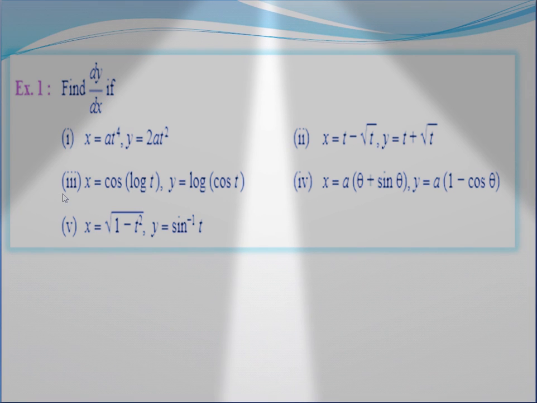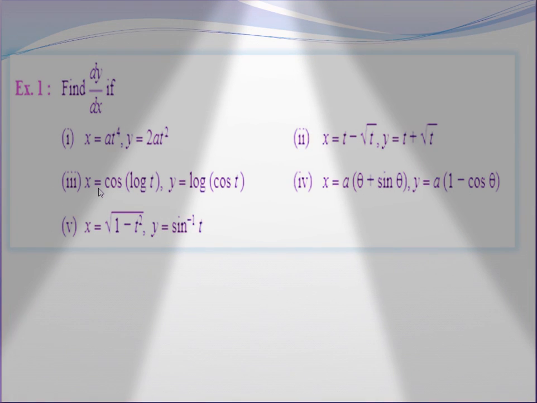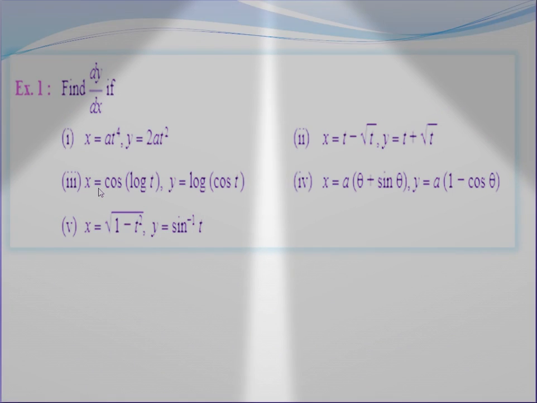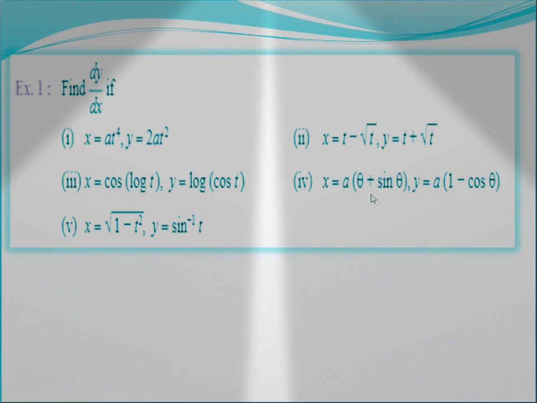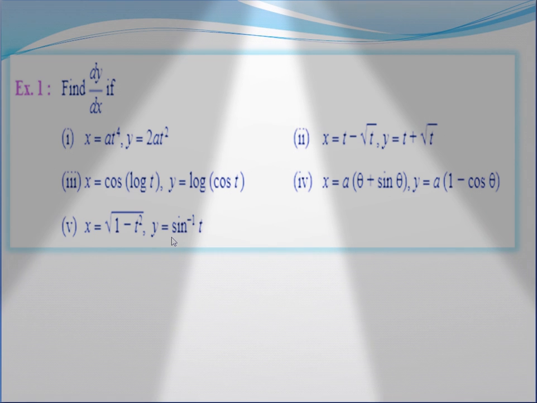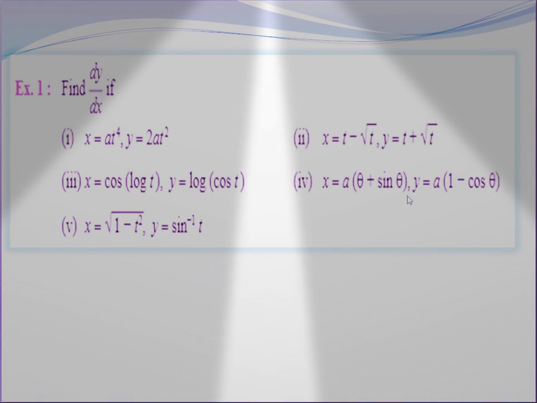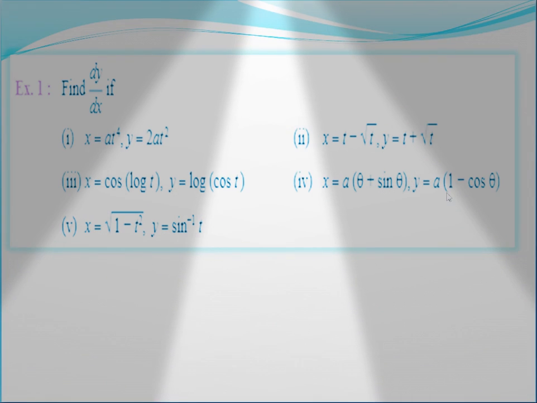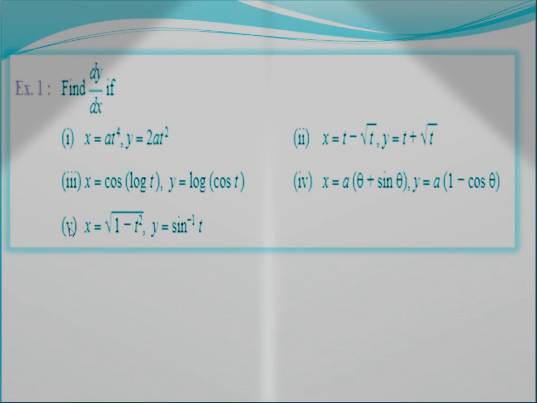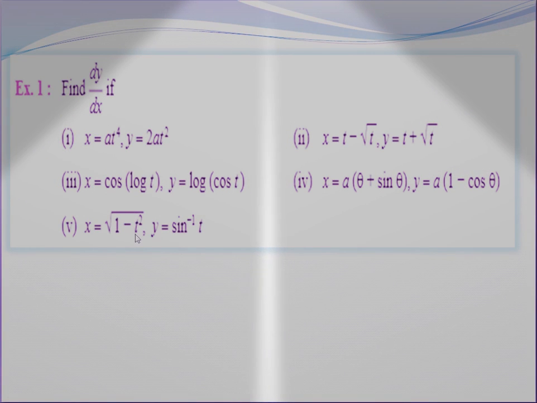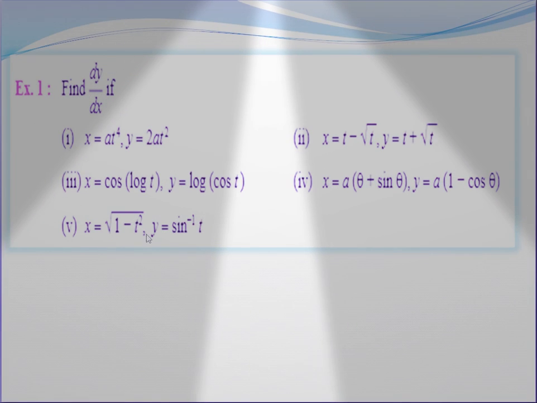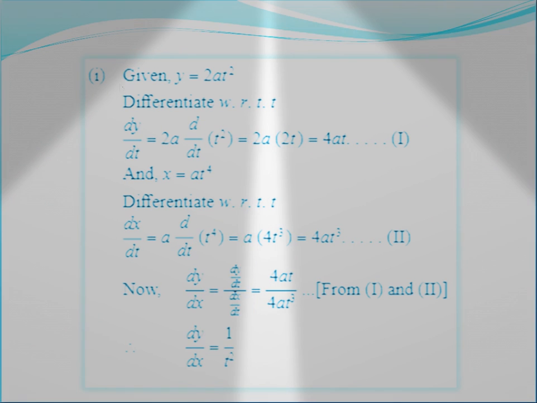Example number third, x is equal to cos of log t and y is equal to log of cos t. Example number 4, x is equal to a into (theta plus sin theta) and y is equal to a into (1 minus cos theta). Example number 5 is x is equal to under root 1 minus t square and y is equal to sin inverse of t. Now we see the answer for the examples one by one.